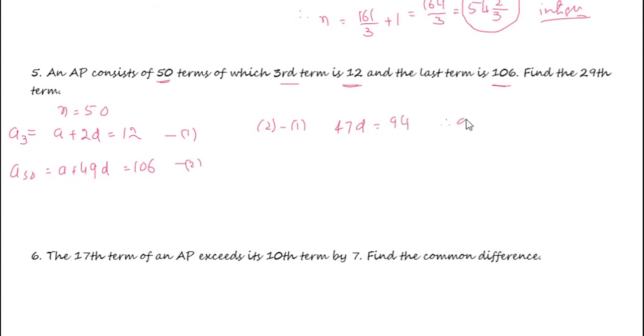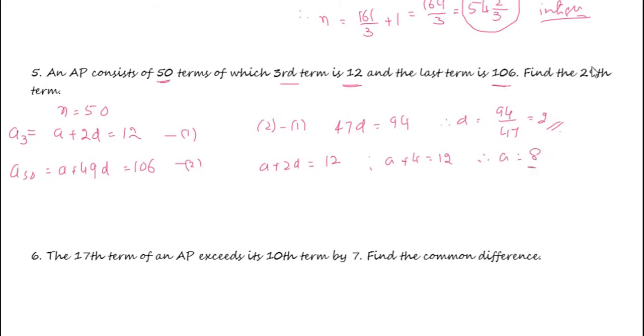Therefore, d equal to 94 divided by 47 equal to 2. d equal to 2. a plus 2d equal to 12. Therefore, a plus 2 into 2, that is 4, is equal to 12. Therefore, a equal to 8.